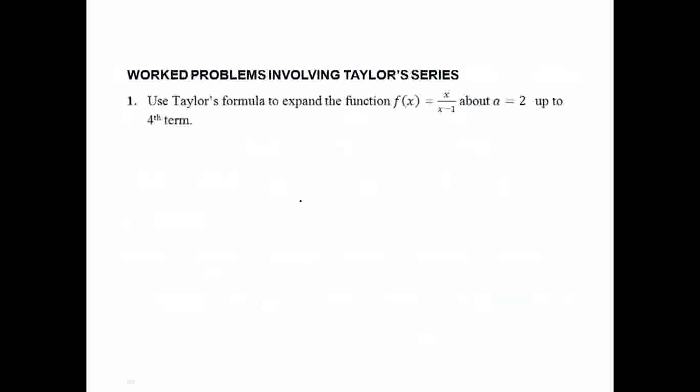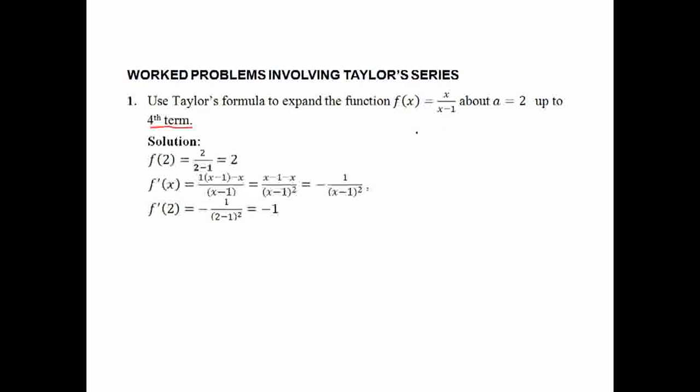Number 1, use Taylor's formula to expand the function f of x is equal to x over x minus 1 about the point a is equal to 2, and your expansion should go up to the 4th term. Solution. First thing, we are given the function f of x is equal to x divided by x minus 1.